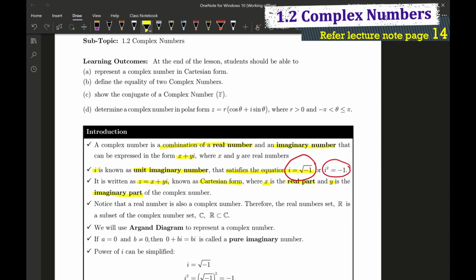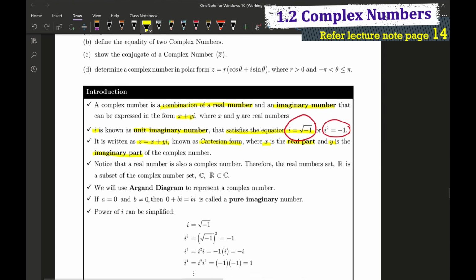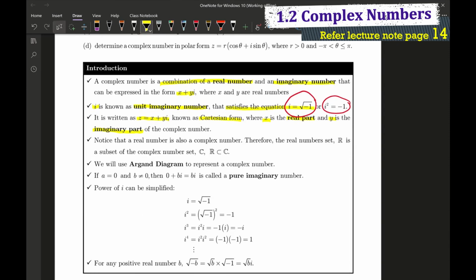So by definition, i equal to square root of negative 1. When we square both sides, it will become i squared equal to negative 1, and it continues for i cubed.